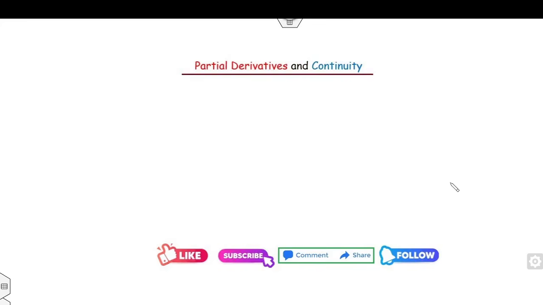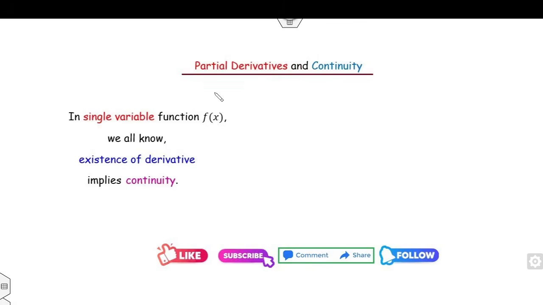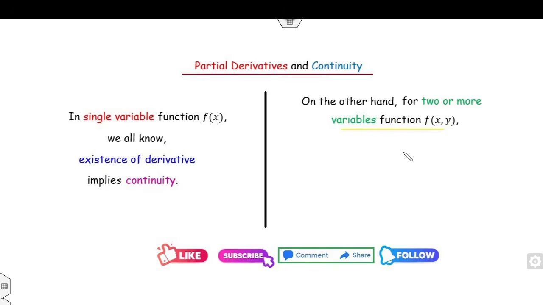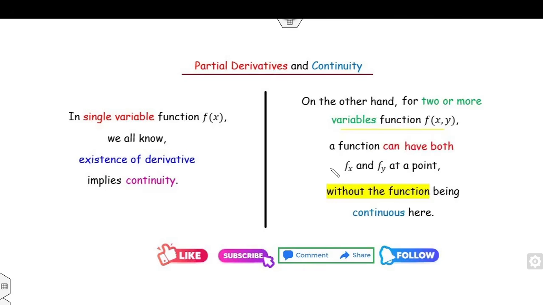Now, once we have defined the partial derivative, what can you say about the continuity? We all know that differentiability implies continuity in a single variable. However, if you have two or more variables, then there are several functions for which fx and fy exist without the function being continuous.